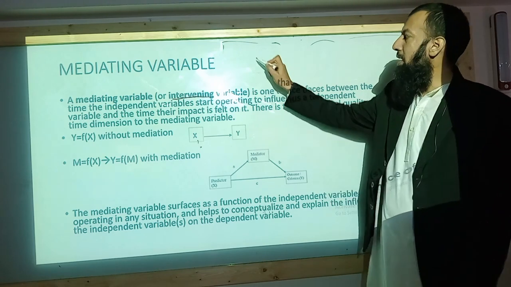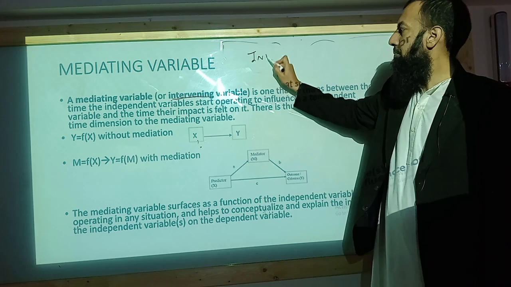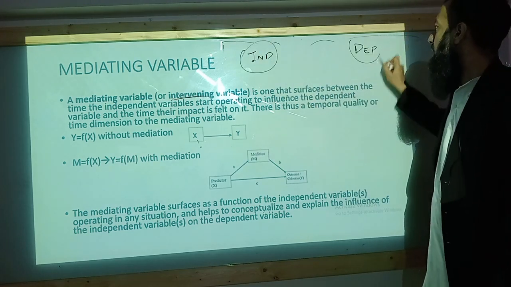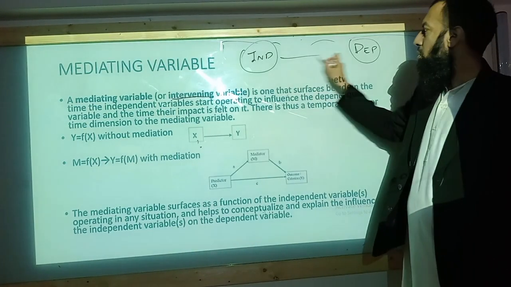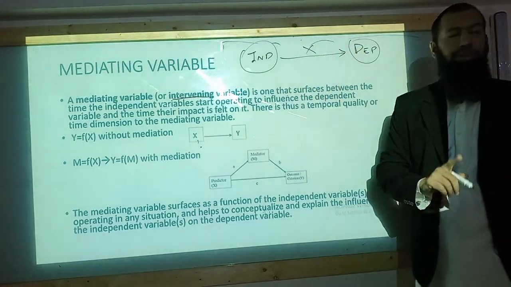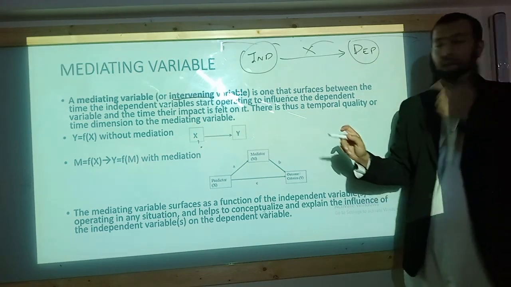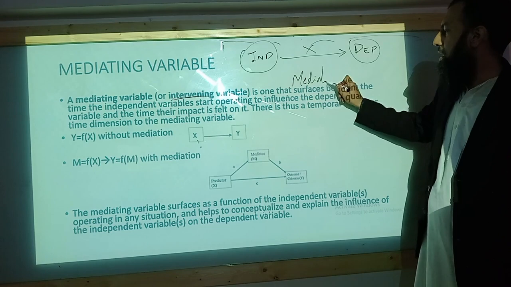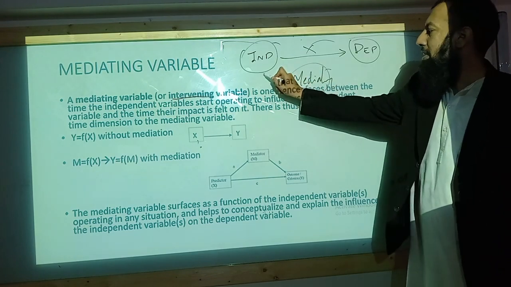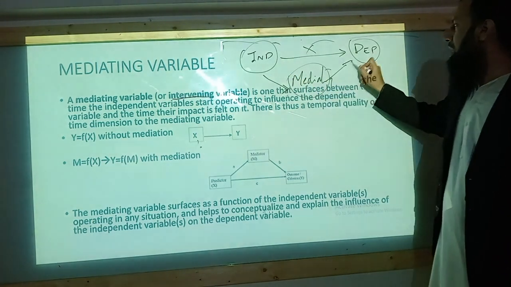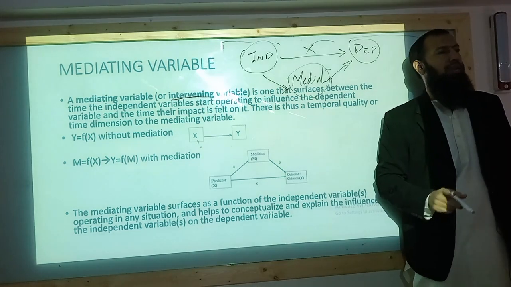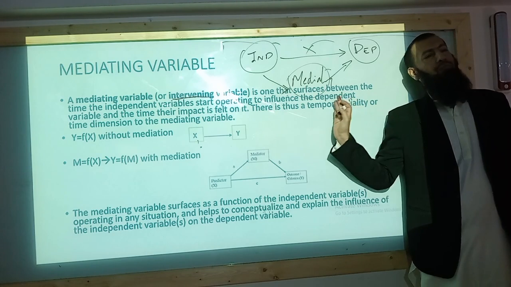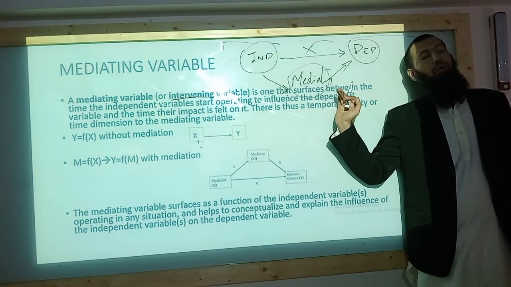There is an independent variable and a dependent variable, but no direct relationship, only a mediating variable. When there is a mediating variable, the relationship is possible. So basically we call it full mediation.